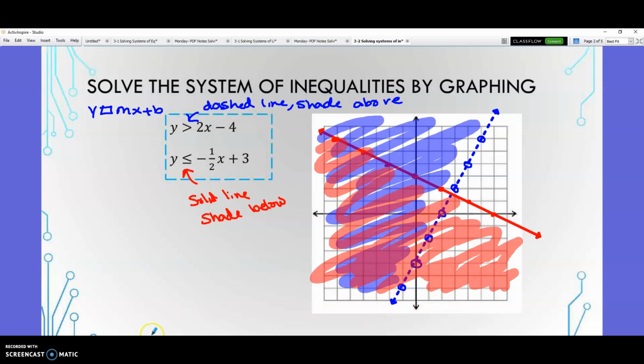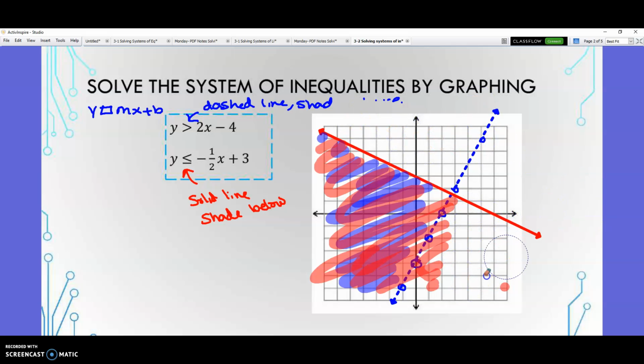Now where they're shaded together at the same time, that is your solution area. That happens in this little area here. So not here, not here because that was just blue, not here because that's just red. And nothing on the blue line would be a solution.